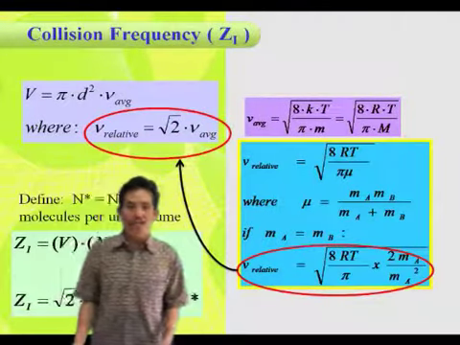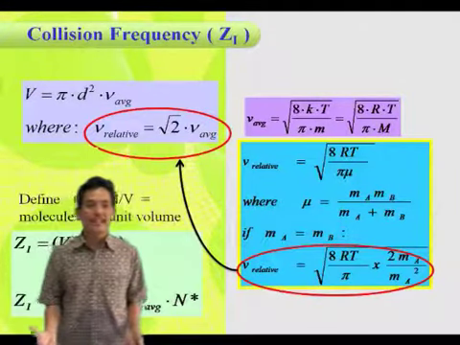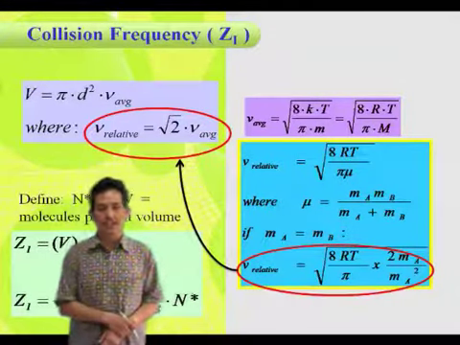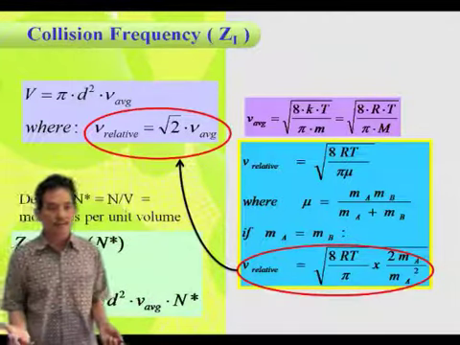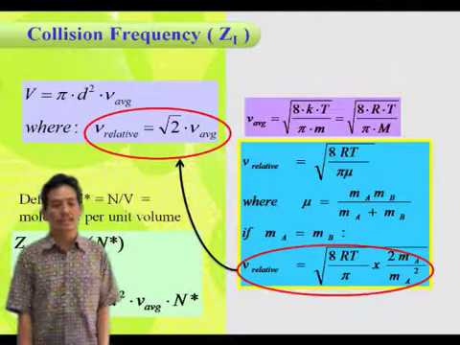So we now have v relative and v average. What is the frequency of collision?